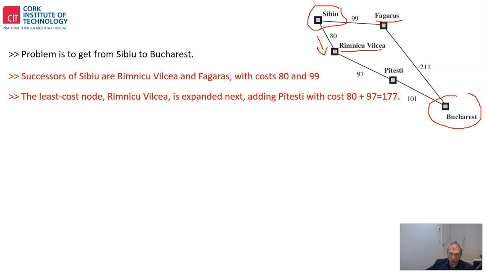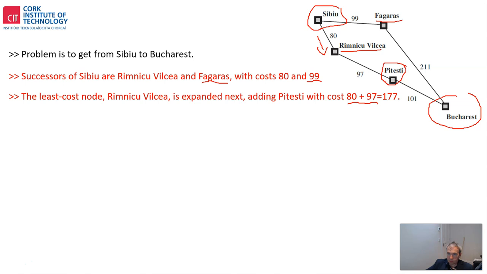So we expand Ramuku, and this would add Pitesti to the frontier. But notice how Pitesti has the sum of the path cost as the cost associated with it, while Fagaras has the cost of 99.